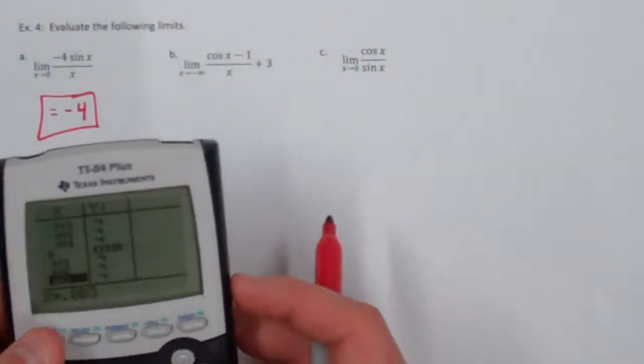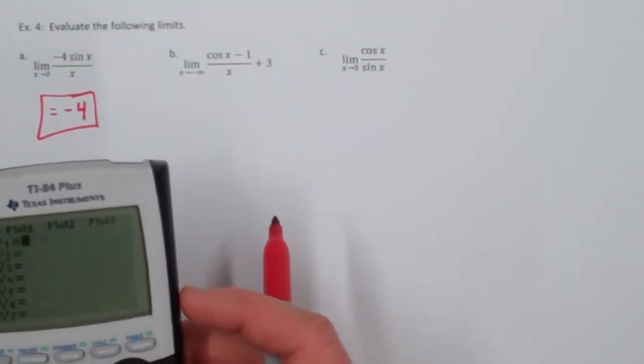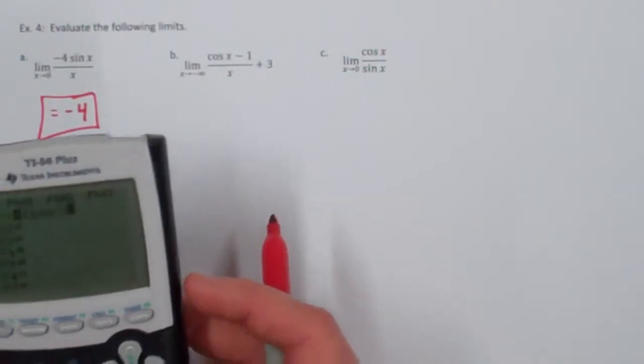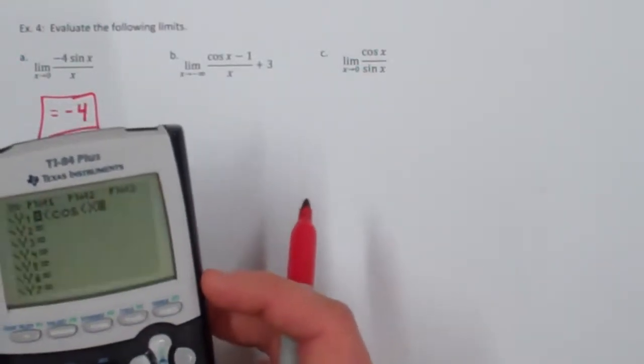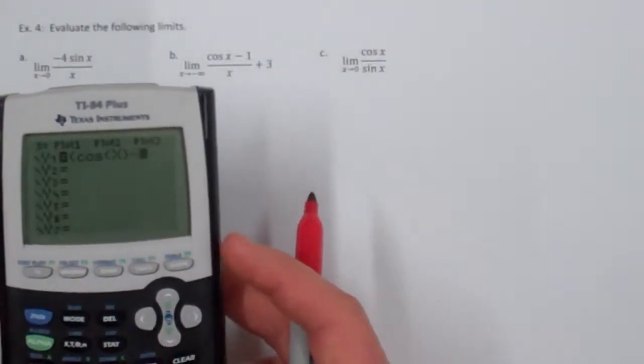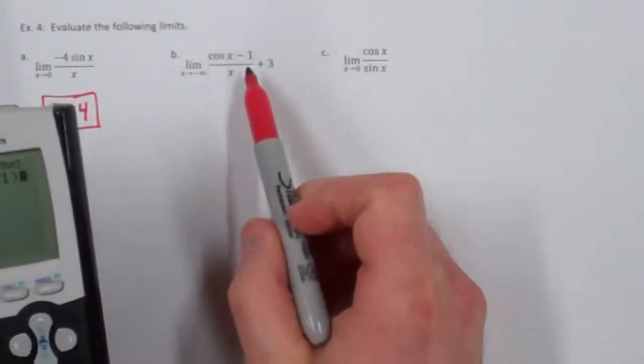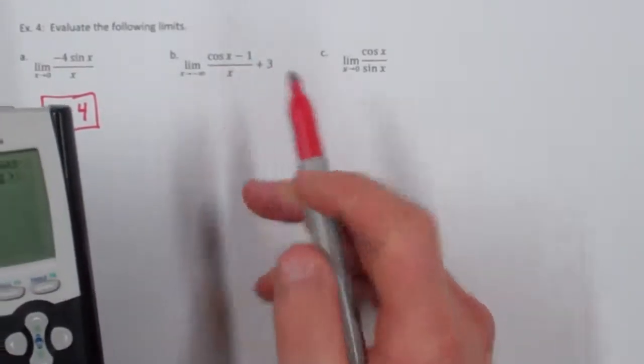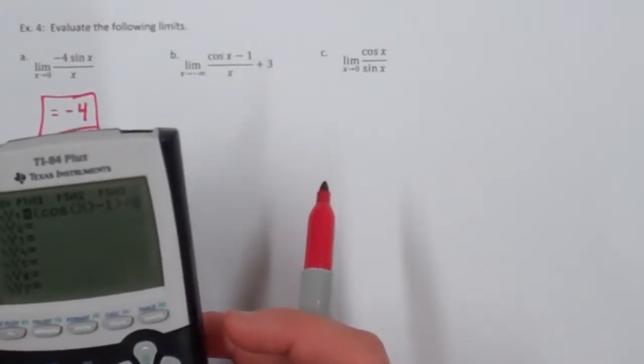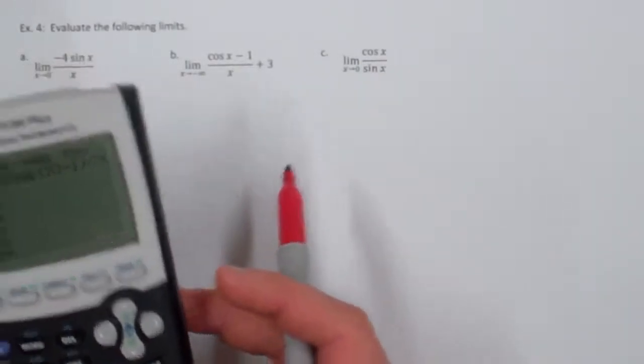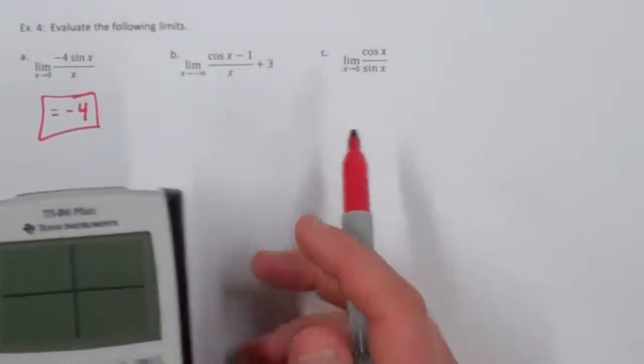This one on the right is a little bit more complicated, but we can still deal with it by using our graphing calculator, so we'll type that in real quick. Keep in mind to use your parentheses correctly. You need to use parentheses when you have 2 or more terms in either the numerator or denominator. In this case, we really don't need one for the denominator. You could put them in there if you wanted to, but it's not totally necessary.